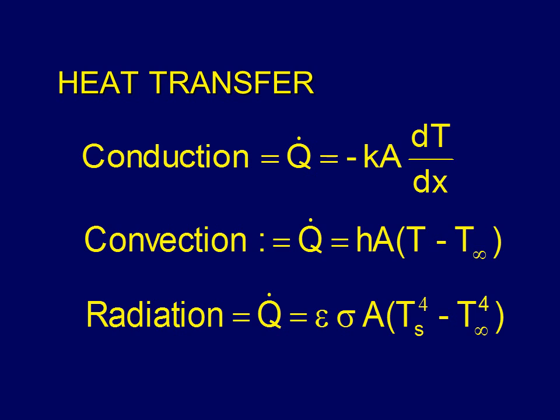The temperature difference is also to the fourth power, so that's the temperature of the surface to the fourth minus the temperature of another surface far away to the fourth. If you're radiating out to space, it's very, very cold out there, let's say 0 degrees Kelvin. So you have a very large rate of heat transfer when there's nothing in the way, and you're radiating all the way out into space.